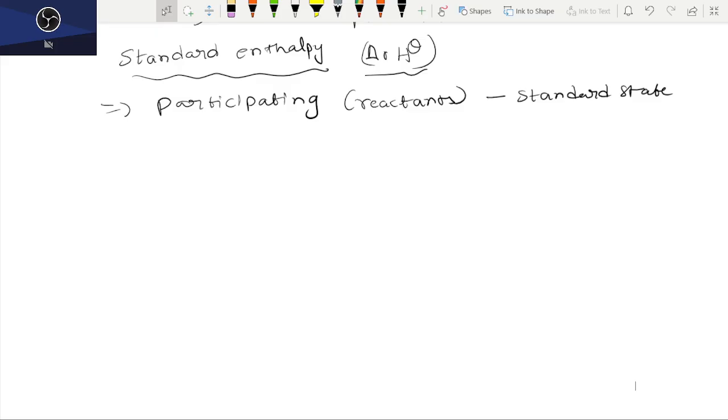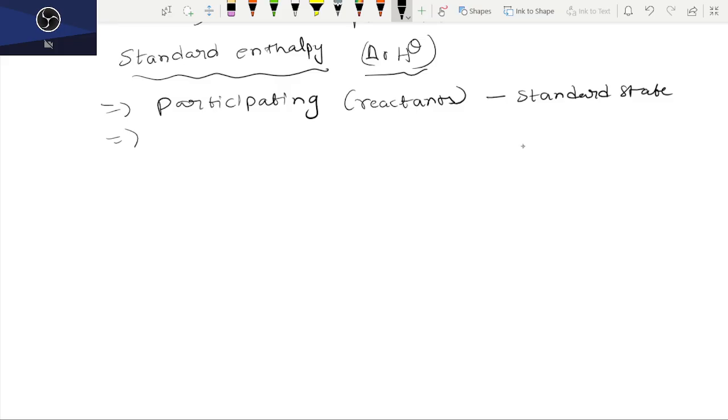The standard state of a substance at a specific temperature is its pure form at 1 bar pressure. So what do you mean by standard enthalpy here? I told you, right? But here you have to learn one more thing.